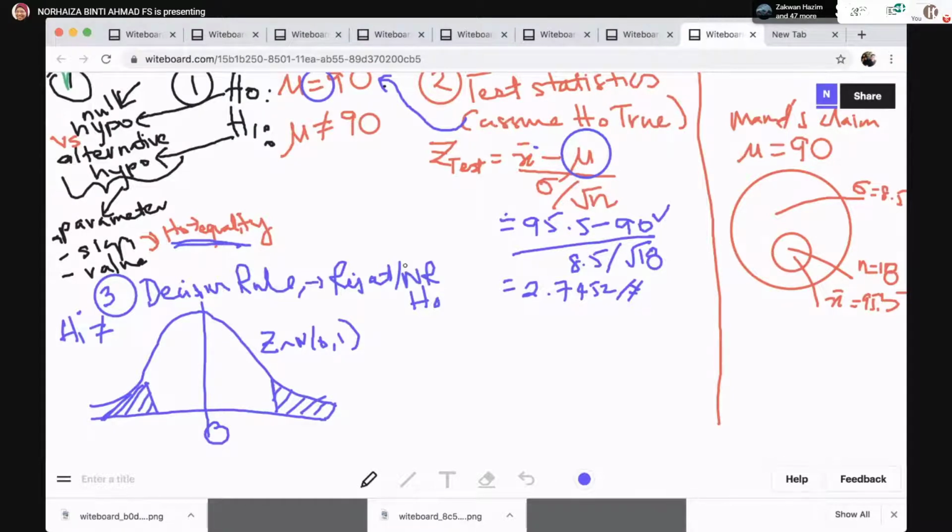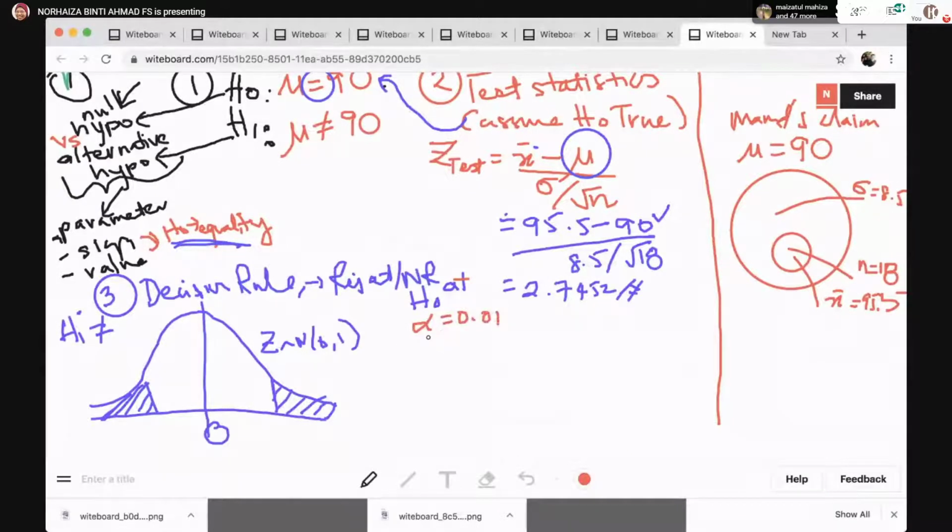Since I'm going to test this at alpha 0.01, so H naught at alpha equals 0.01.